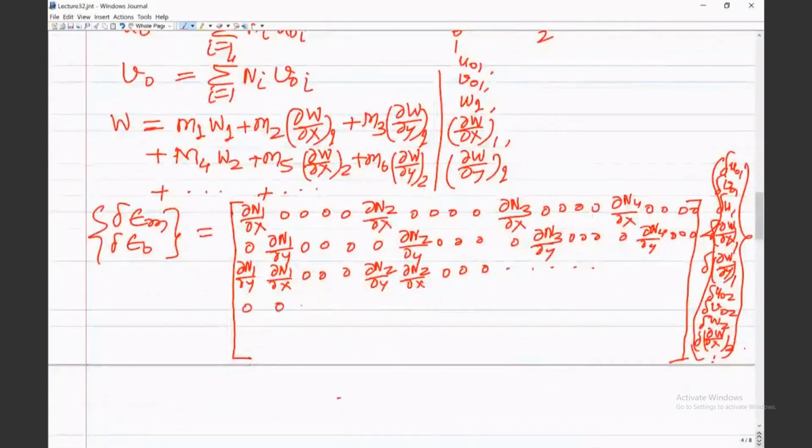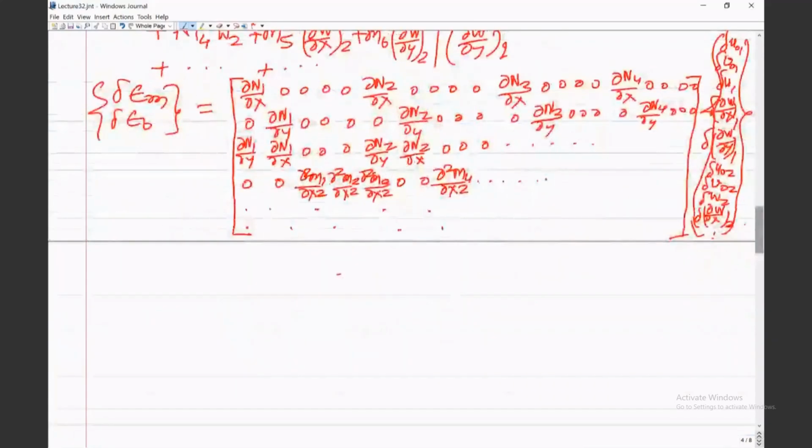So first two would be 0, and then we will have del 2 m1 by del x square, del 2 m2 by del x square, del 2 m3 by del x square, then the 0, 0, and then we will have del 2 m4 by del x square, and so on. Now, you can write similarly the other terms, and similarly the other two curvature terms you can write in a similar manner.